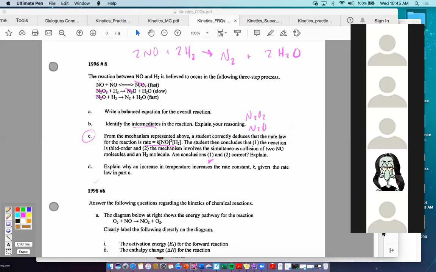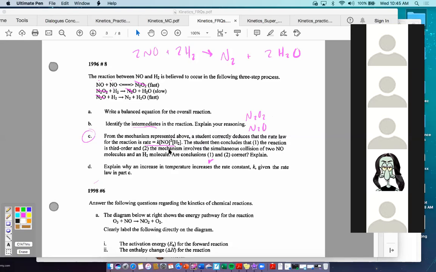Let me call on somebody. Mr. Pop, what do you think? Is conclusion 2 here a correct statement, or should we disagree? He's claiming that in order for this reaction to occur, we need 2 NO molecules to collide at the same time with a single H2 molecule.